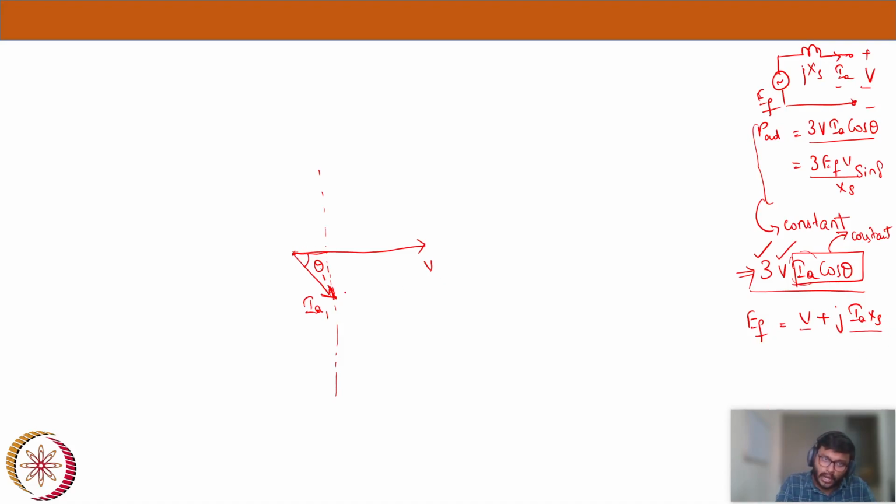We know IA, which is like this, and the IA XS drop will be perpendicular to this IA. So now we have to find where EF1 is. Let's draw the perpendicular to IA, the J IA XS drop.